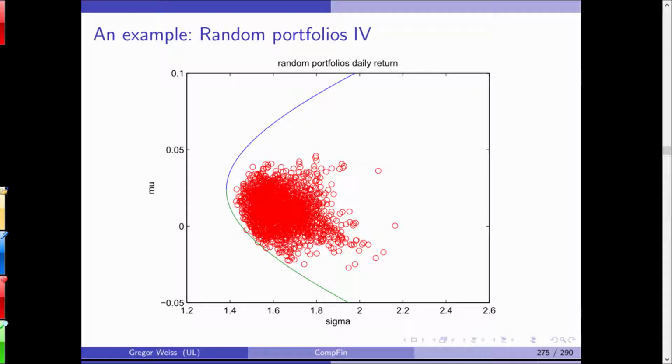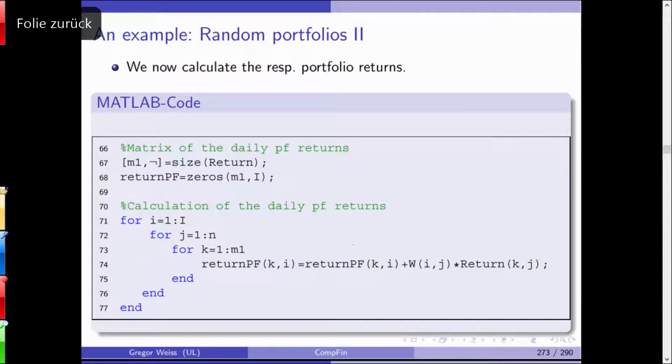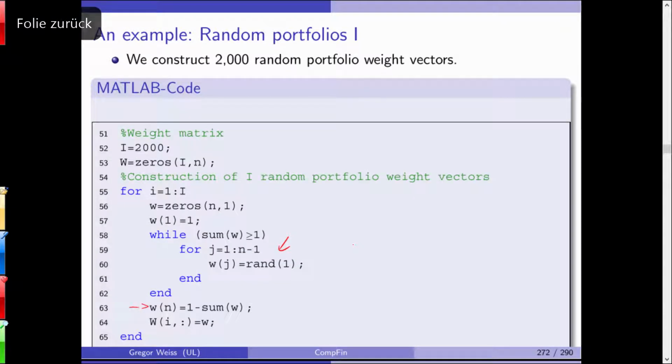And here you can see that actually those random portfolios will not get you anywhere. So not even a single one out of 2,000 random portfolios is even close to the efficient frontier. Okay, why are the random portfolios so inefficient? In fact, if you take a closer look at this, it's actually a little bit unfair.